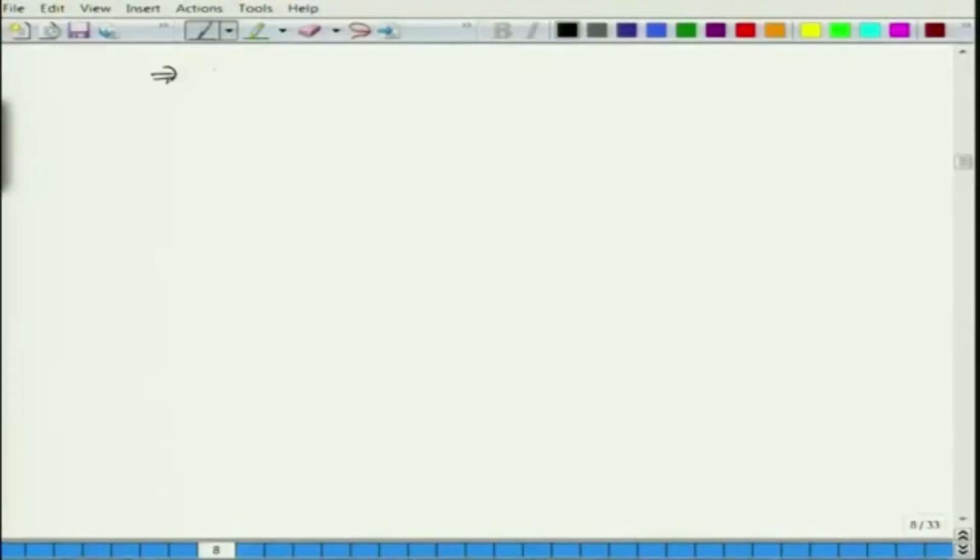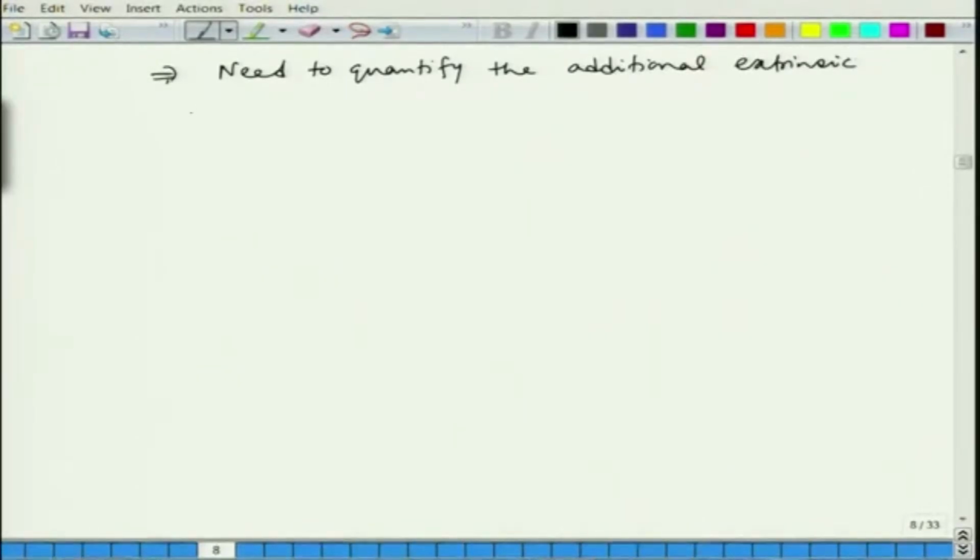So, we need to quantify this thing, right. So, quantify the additional extrinsic carrier concentrations.